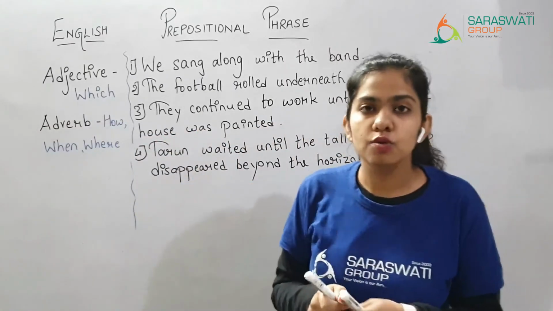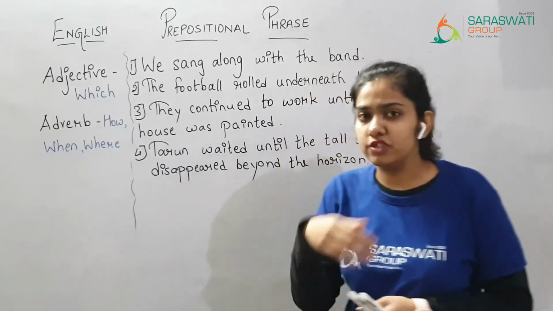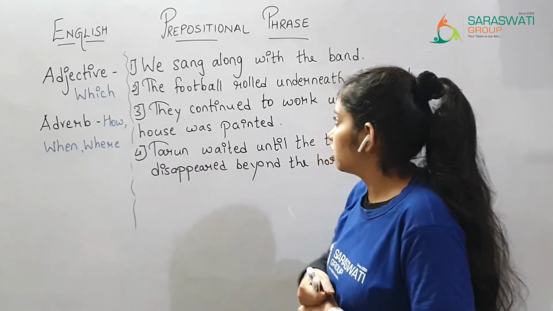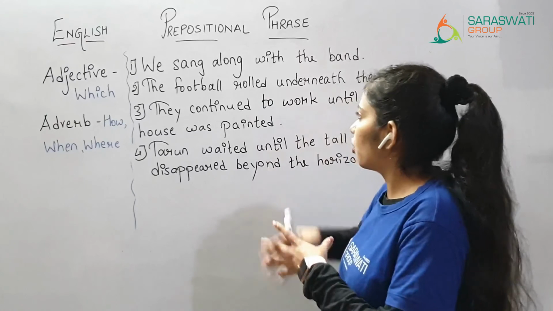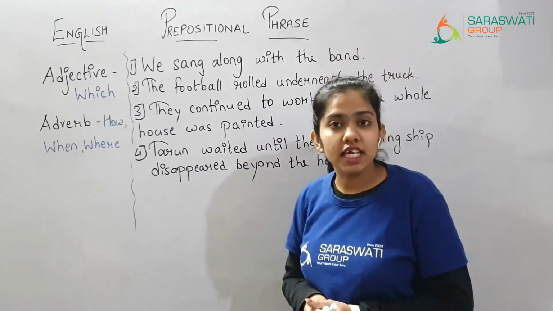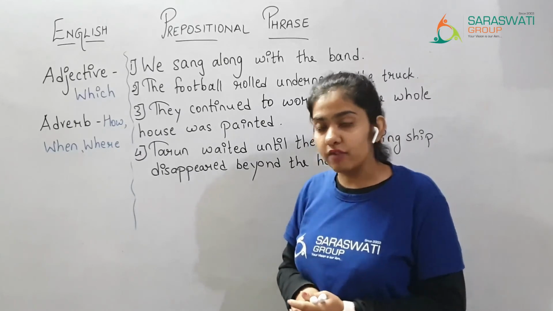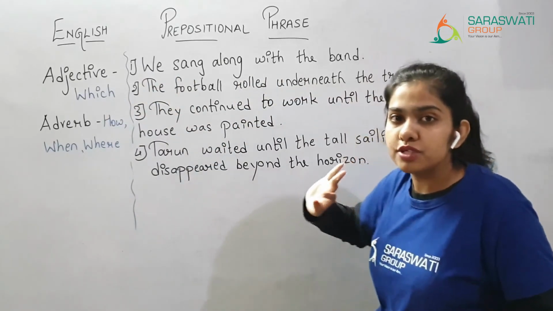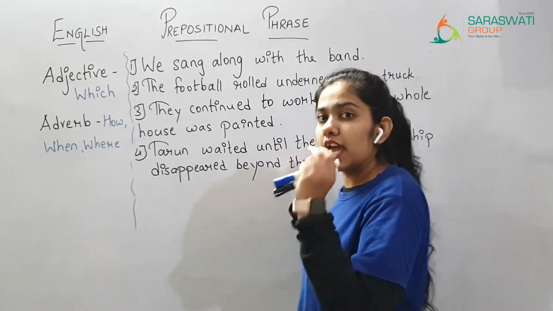There are 2 more prepositional phrases which we will talk out over here. So now you can see over here, we sang along with the band. How did we sang? I have questioned the how. So first of all, we get the idea that it is a prepositional phrase. It acts as an adverb over here.